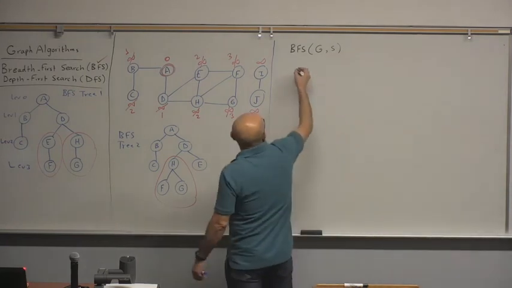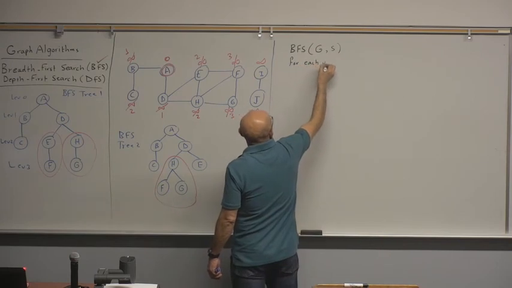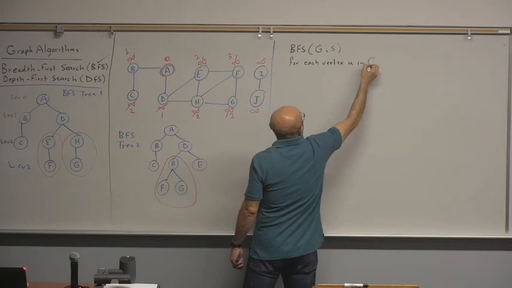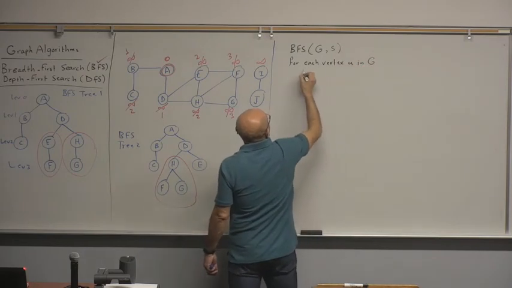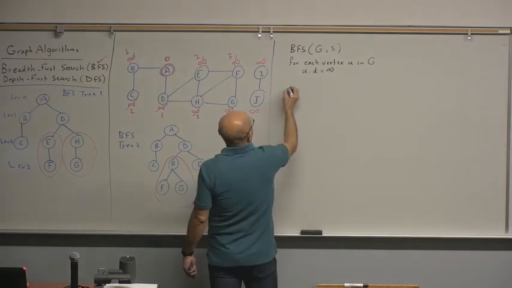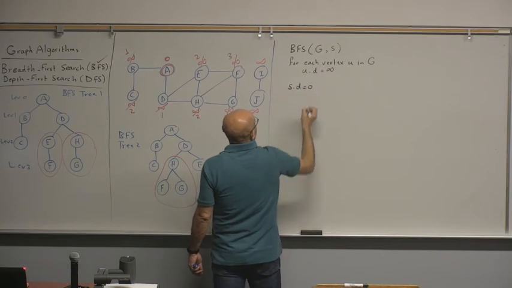So what we do is for each vertex u in G, u.d equals infinity, and then source.d equals 0.